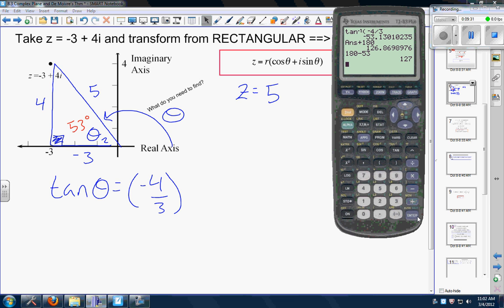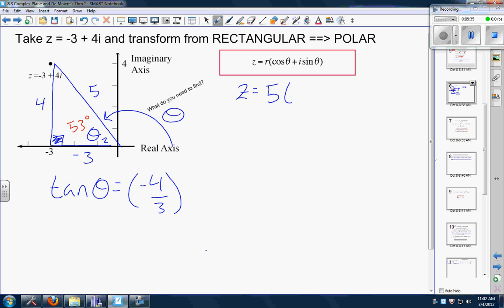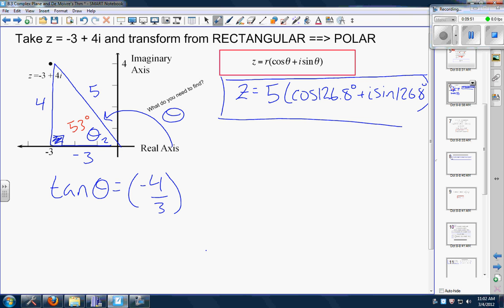Now I know it's 126.8, so all I've got to do is write this in. And that's it. So this point in polar form is the exact same thing as -3 plus 4i.